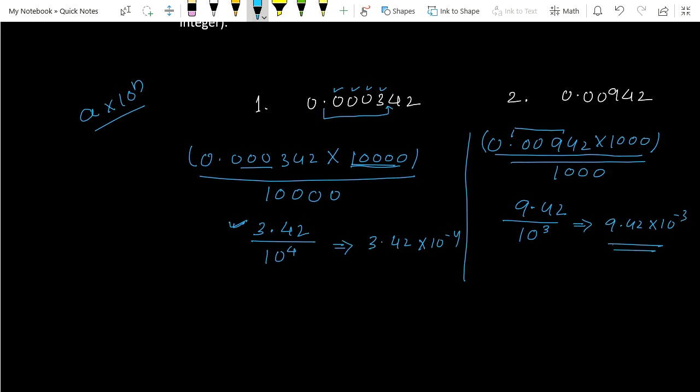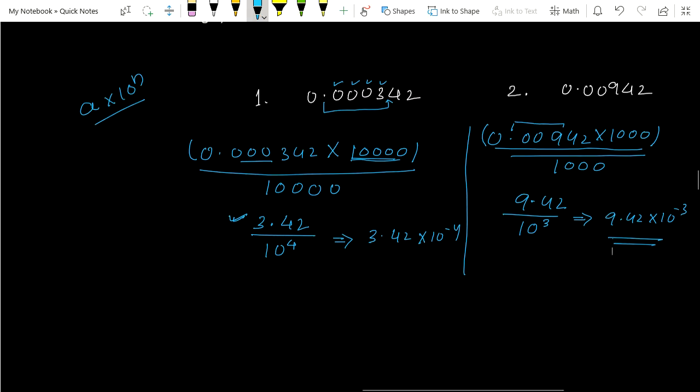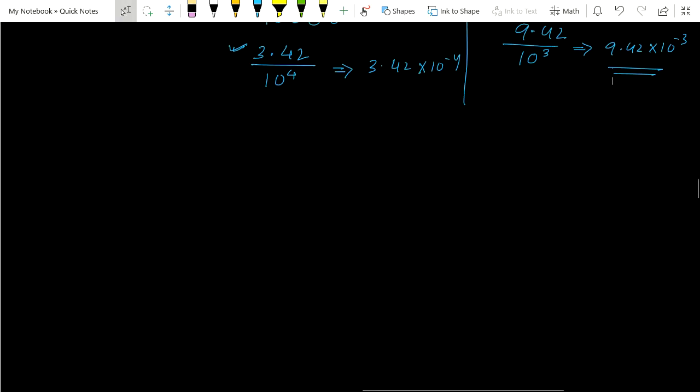Now we can see another example. Suppose a number is 0.00 with 4 zeros, then 912. Now we are interested to shift the decimal 1, 2, 3, 4, 5 places. So what we have to do?